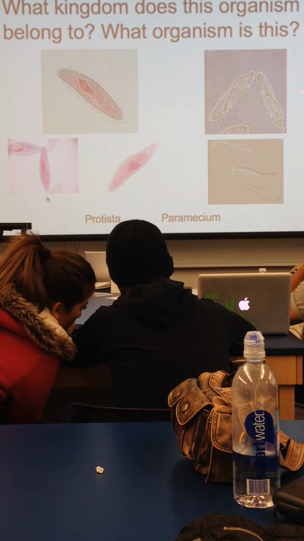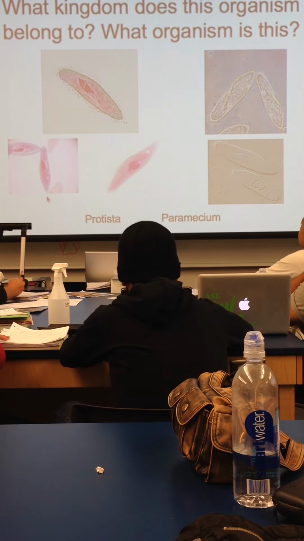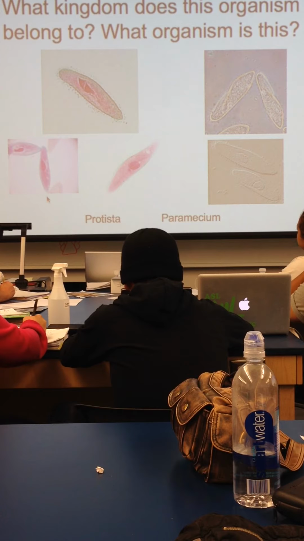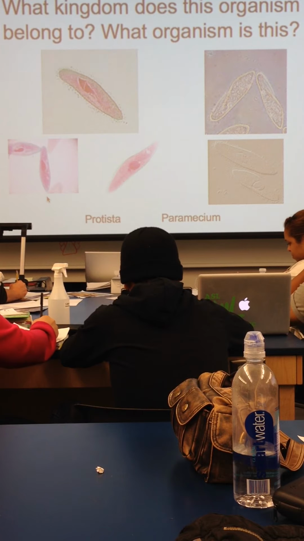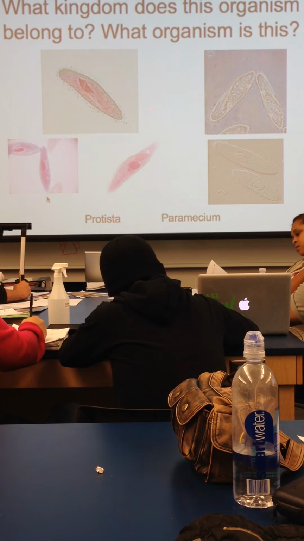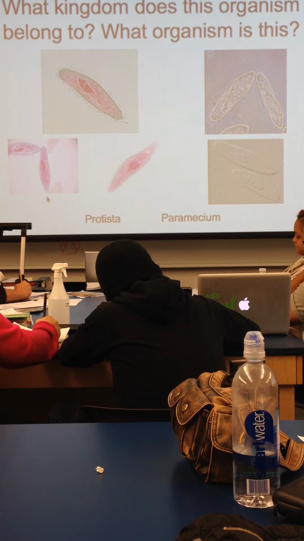And then we saw a whole bunch of these with its own prep, and also when we did the pond and the hay infusion water, right? This is the most prevalent. So this is one of the animal-like protists, okay? Try not to get this confused with euglena, okay? The living ones you're not likely to do, but the preserved ones, they look somewhat similar, okay?